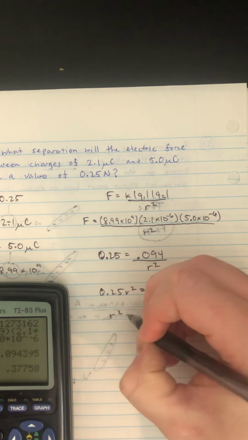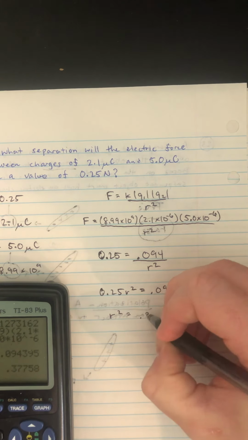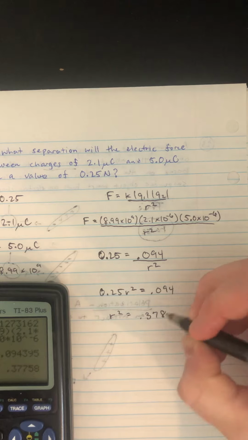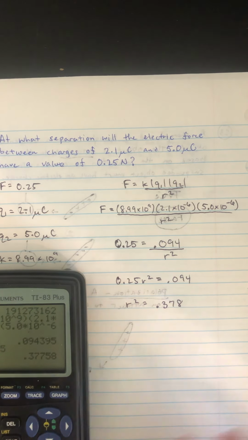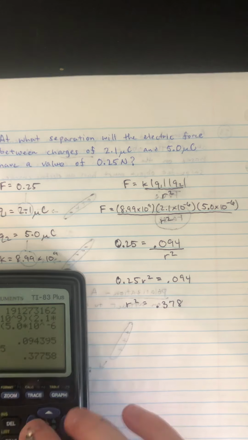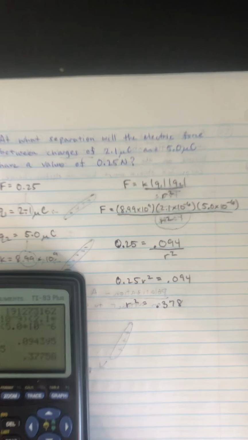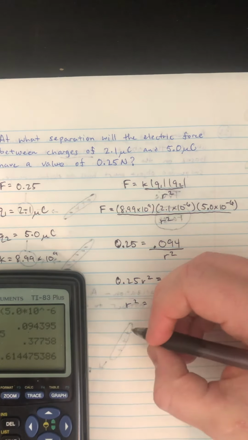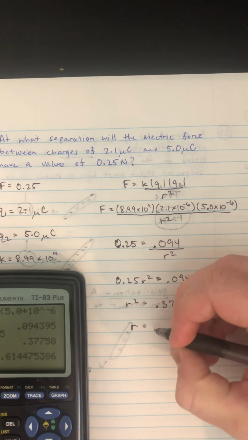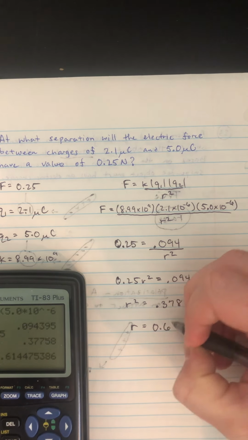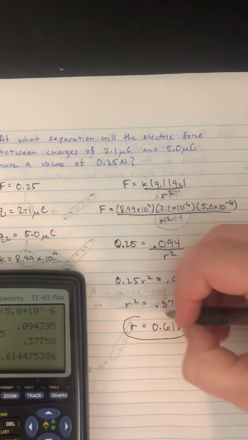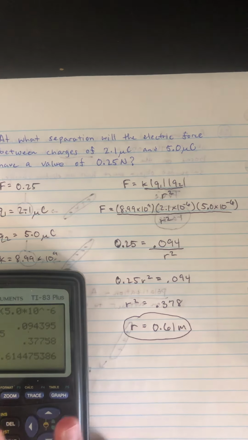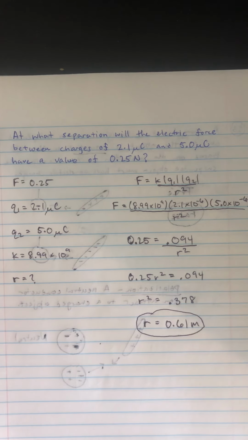So we get r squared equals 0.378. And then we take the square root. And we get r will equal 0.61 meters. There is our r value, 0.61 meters.